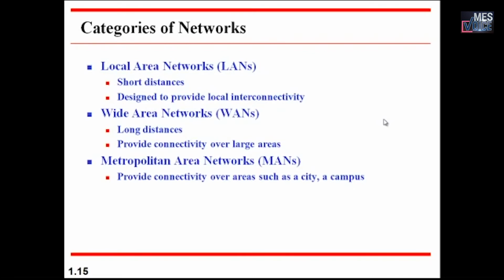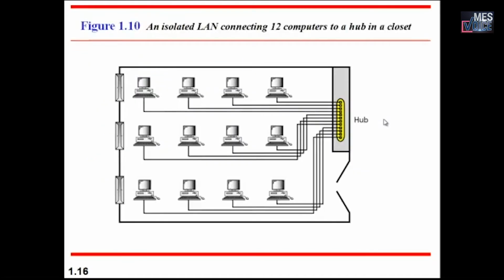So wide area networks span a large geographic area. And metropolitan area networks, in all these aspects, come in between local area network and wide area network. They could be intended to provide connectivity over an area such as a city or a campus. The figure just shows an isolated line connecting 12 computers to a hub in a closet.